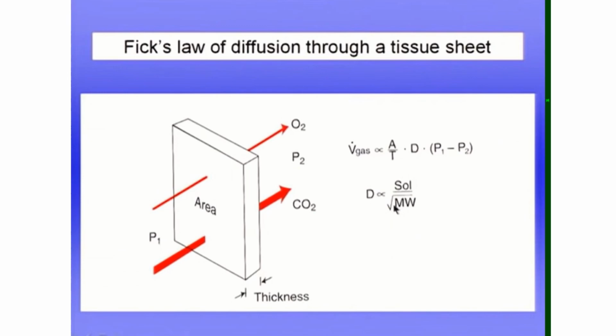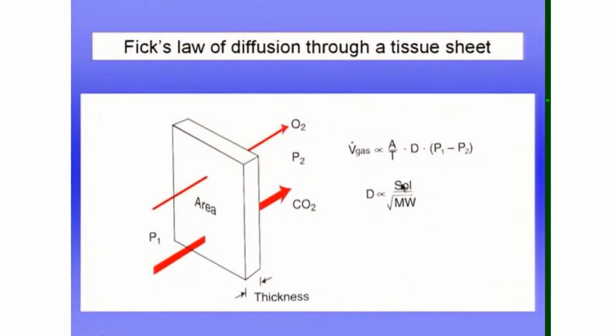Now, how relevant are these factors to the respiratory gases? Well, as we have already seen, the solubility of carbon dioxide is something like 24 times that of oxygen. So carbon dioxide has a great advantage in that respect. It's true that the molecular weight of carbon dioxide at 44 is somewhat bigger than the molecular weight of oxygen at 32, but by the time you take the square root, the difference is less.